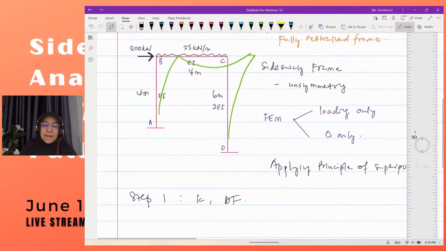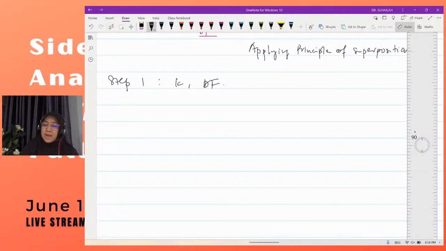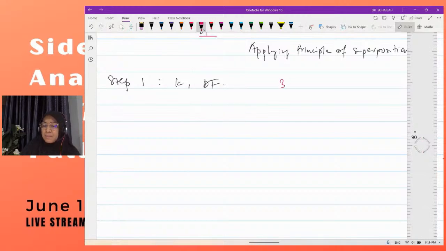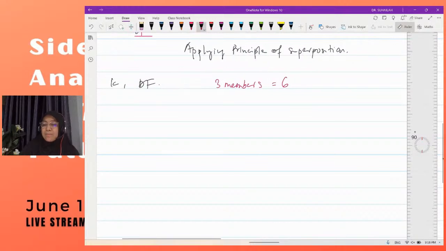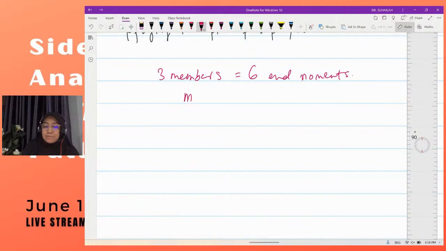Looking at this frame, we have three members, which means we have 6 end moments. The 6 end moments start from MAB and then MBA, for member AB.